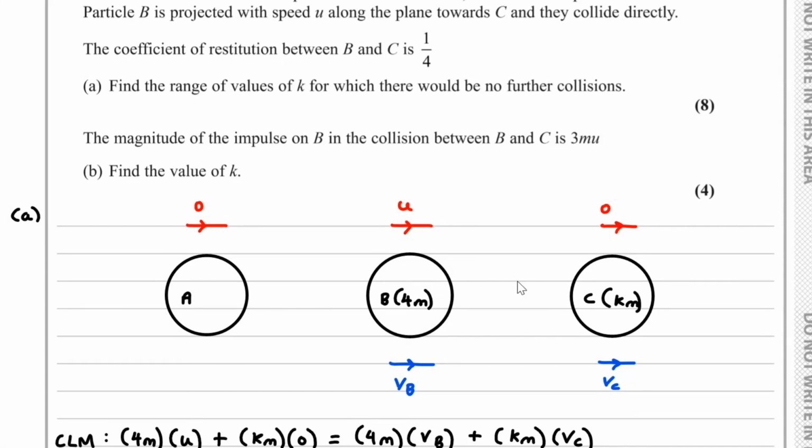For part B of the question, the magnitude of the impulse on B in the collision between B and C is 3mu, and with this we have to find the value of k.